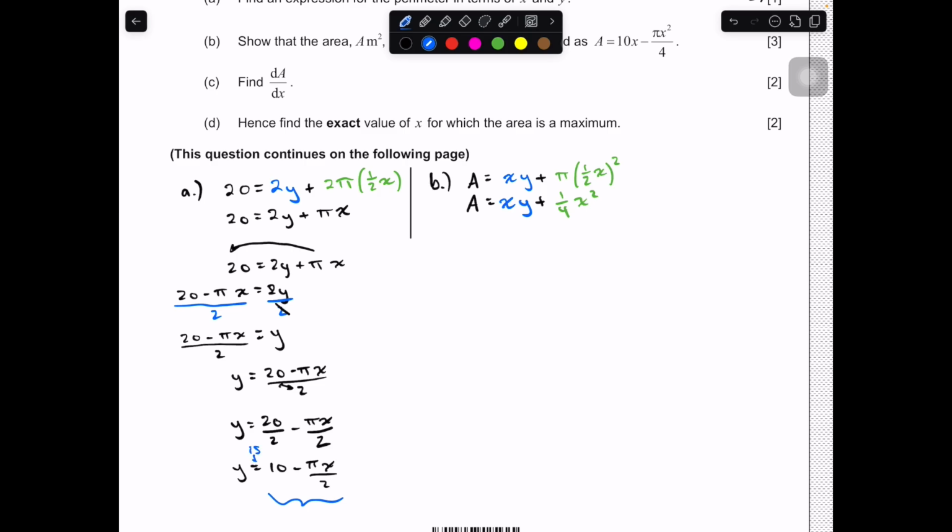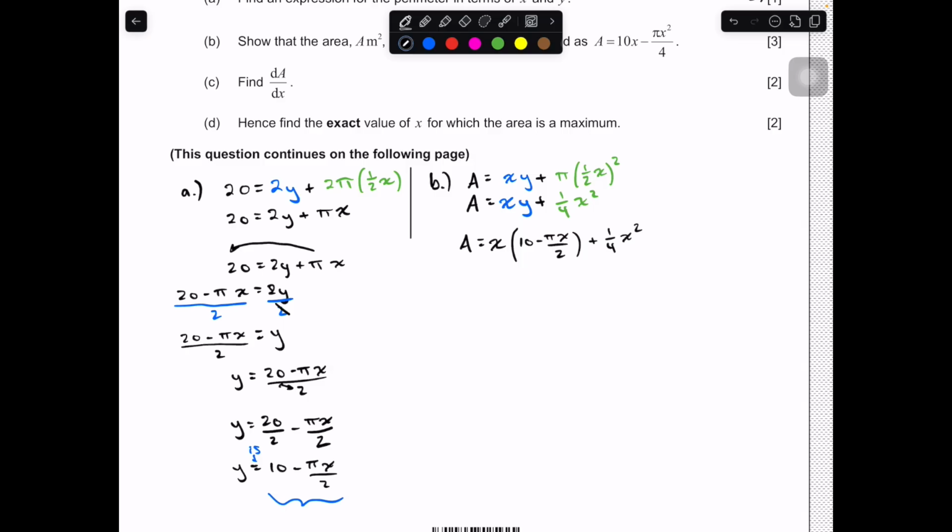And if y is equal to 10 minus pi x over 2, we should be able to substitute it into this equation here. So wherever we see a y, let's replace it with 10 minus pi x over 2. And then we still have this 1/4 x squared.